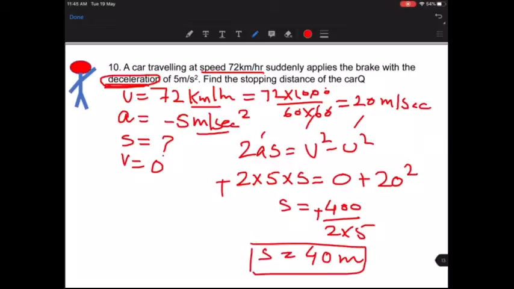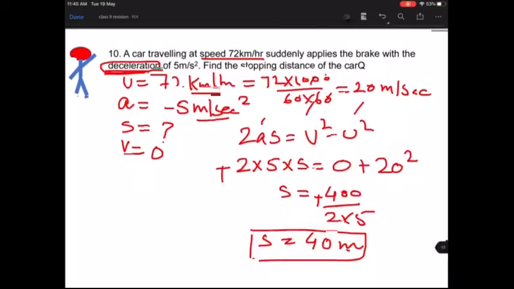If anybody writes here 40 meters per second, it will be wrong. You lose half a mark for the units also. Yes, Naveen, absolutely. It is not 20, it is 40. Check your answer again. It is 40 meters. So that is the distance.